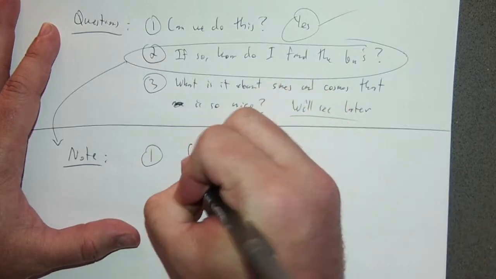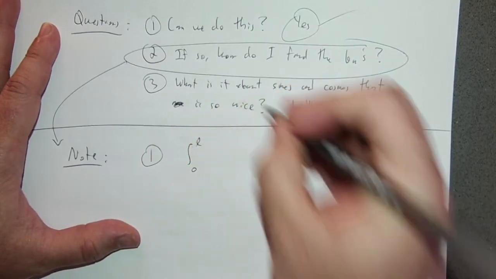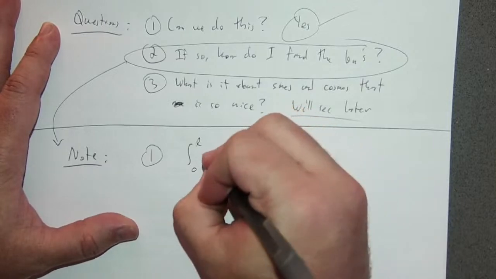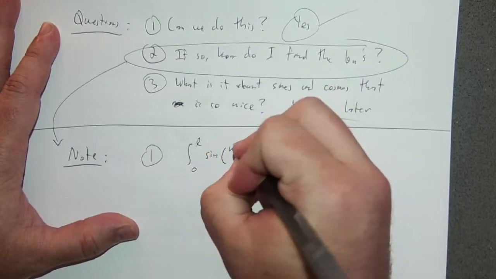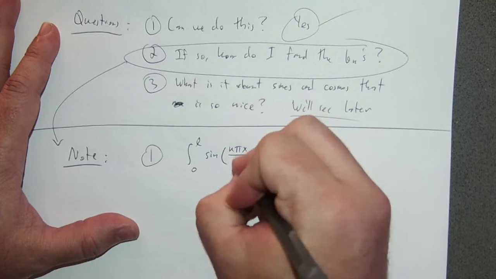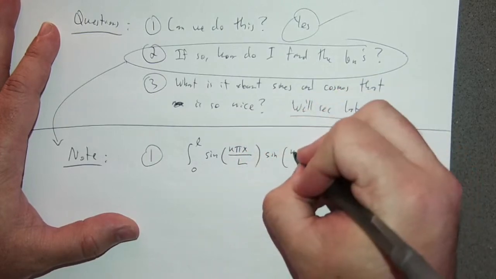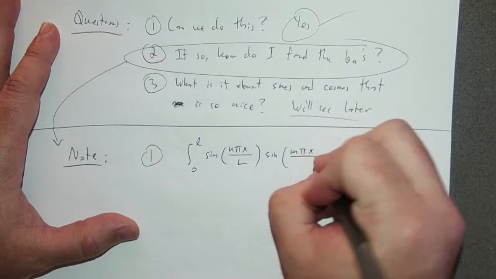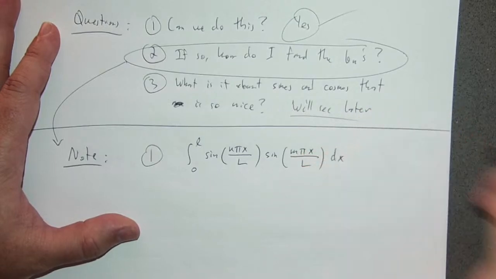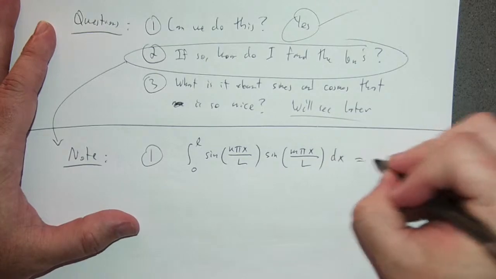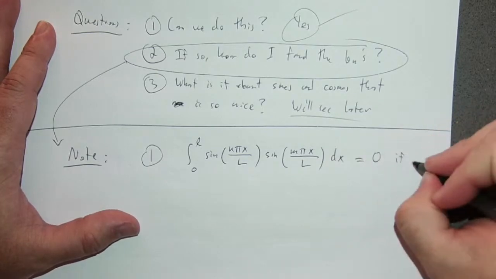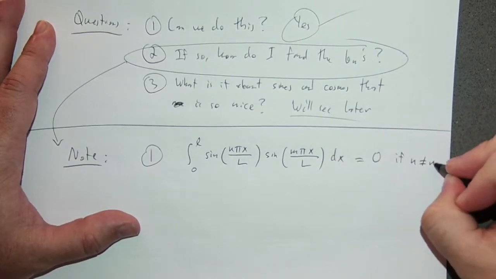One, if I integrate from 0 to L, sine of n pi x over L times sine of m pi x over L dx, this is actually 0 if n and m are different.